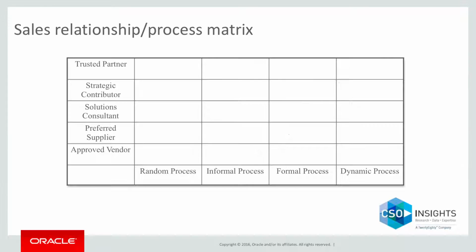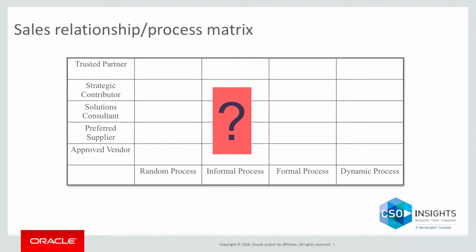So if you put these two together, you get what we call the sales relationship process, or the SRP matrix. And again, you see the 5 levels of relationship on the vertical axis, the 4 levels of sales process implementation on the horizontal axis. This is really a more framed up, formal version of that conceptual representation we had earlier. And the question, of course, is, where are you?